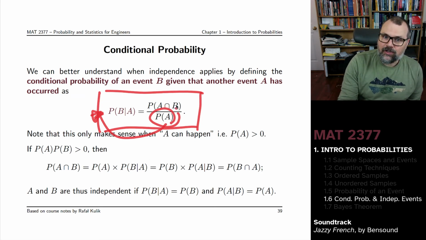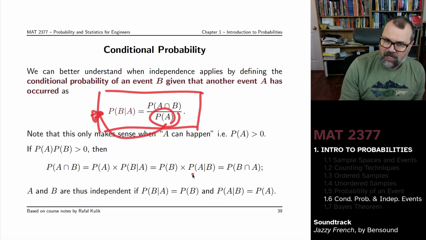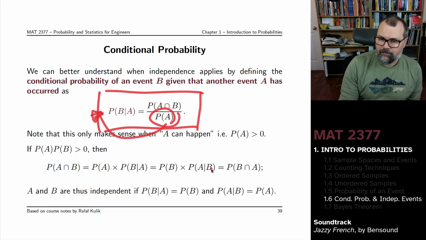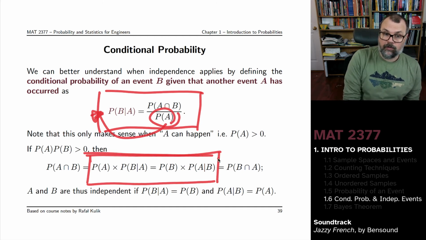In the definition for the conditional probability, the order matters. However, what we get is that the probability of A times the probability of B given A should be the same as the probability of B times the probability of A given B. No matter whether A and B are mutually exclusive or independent or what have you, as long as both A and B could occur. That's going to be an important result for us later. Let's put it in a square box here.